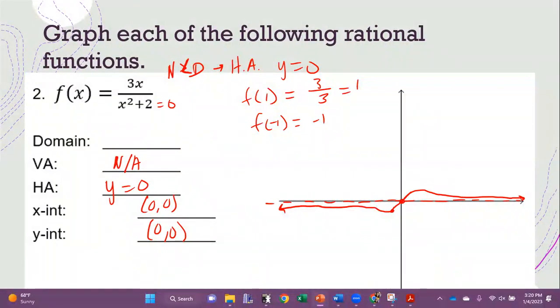Story of a lot of people's relationships, huh? So your domain here is, the graph is going to go forever to the left and forever to the right. So therefore, all real numbers.